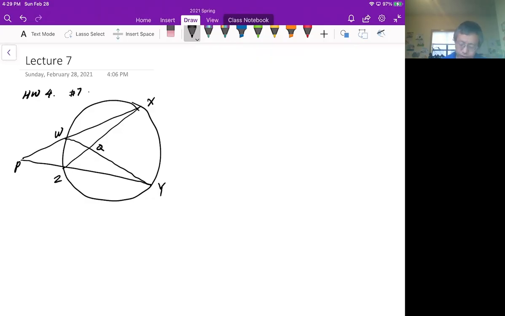So the first question is, how could I get the angle P? According to the rule, this is 1/2 of XY minus WZ. So that gives me 1/2 of XY. What's XY? I need to look at that. XY is 105 degrees and minus WZ. WZ is 25 degrees, and then we are done for that.